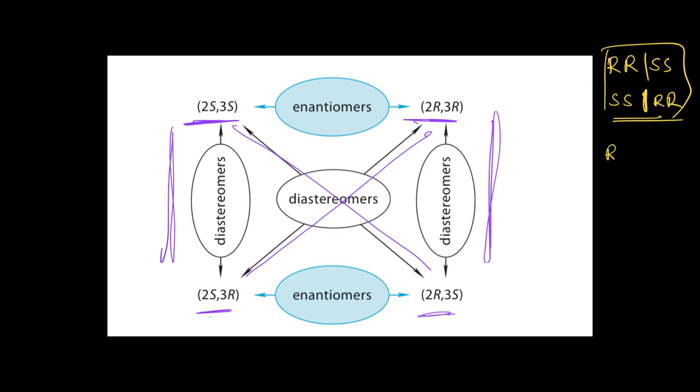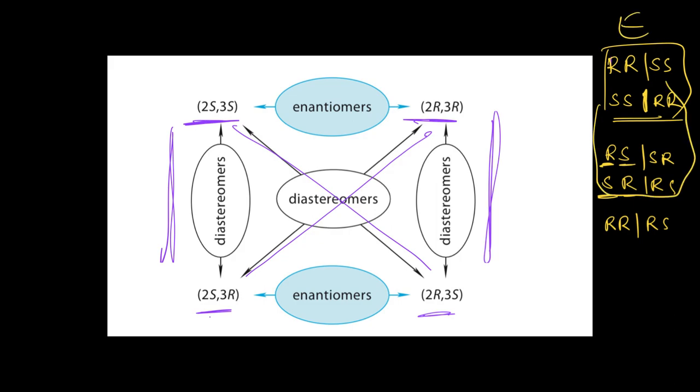Here first one R requires S, and second one S requires R. And here S, R means first one R requires S, and R requires S. This is also an enantiomer. In case R and R, where one is the same and the other is different, that is called diastereomers. So all these are enantiomers. The rest are called diastereomers.